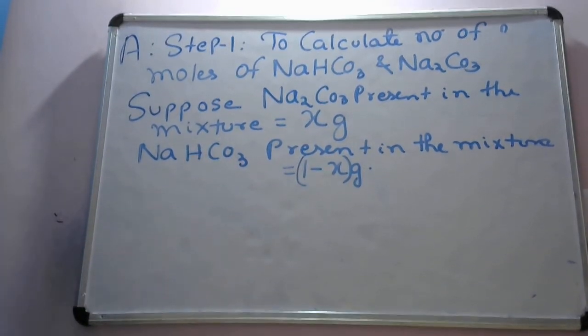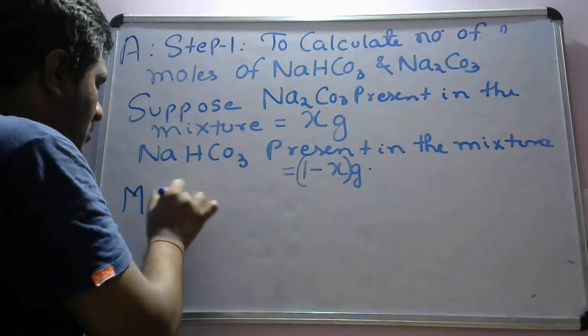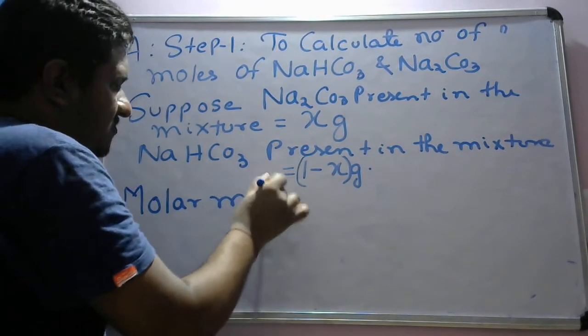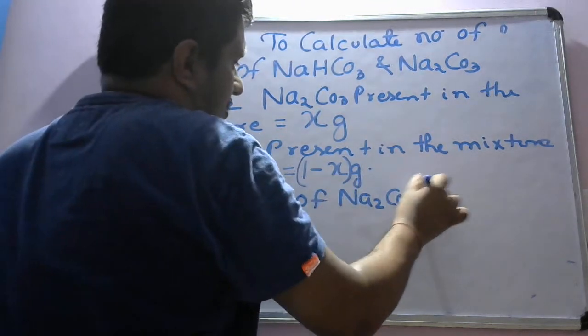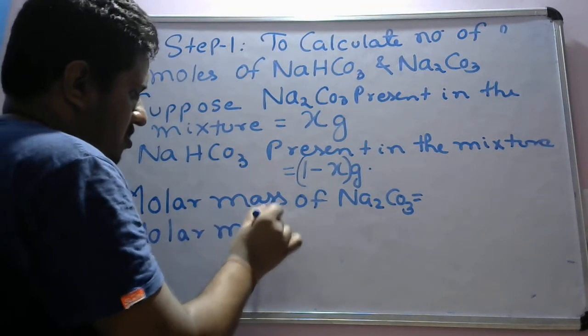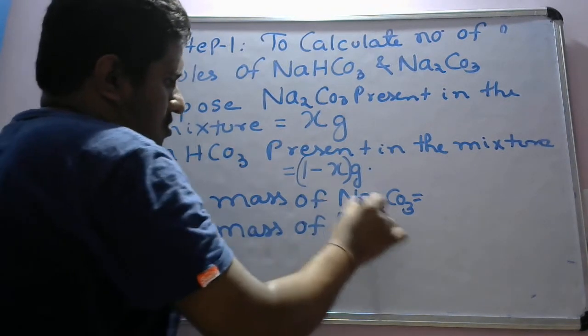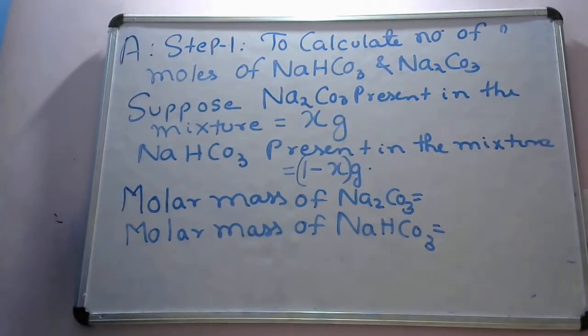Now we need the molar mass of Na2CO3 and NaHCO3. Molar mass is nothing but the sum of atomic masses as per the molecular formula.